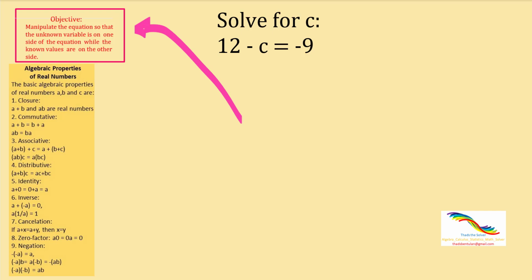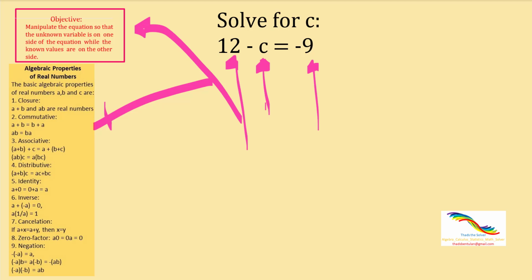In this case, C is the unknown variable and the known values are 12 and 9, and don't forget our algebraic properties here on the left. Okay, let's proceed and analyze this problem.